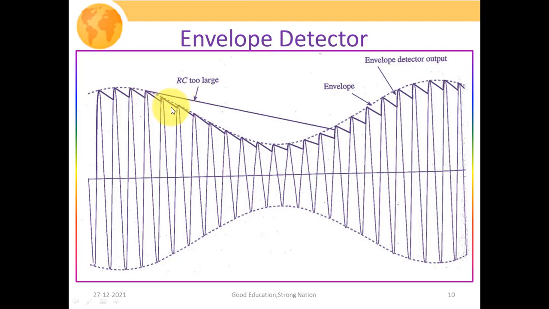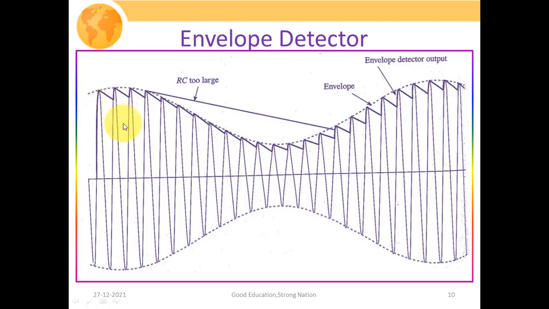So what is our requirement? We simply want our capacitor to be instantaneously charged to the incoming voltage so that it can model the actual signal variation, and the discharging time should be higher, because if the discharging time is very low, we will have lots of ripples. Suppose the discharging time is very low, then our capacitor will instantaneously discharge from this particular point to this particular point.